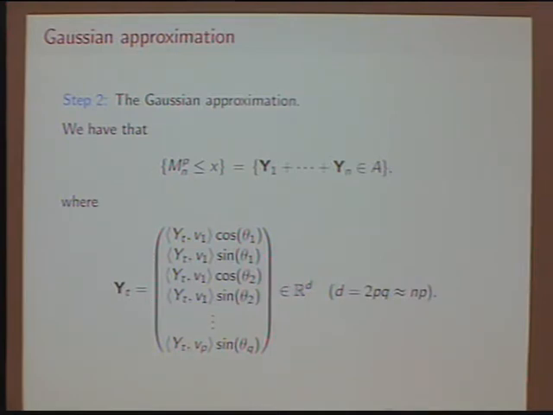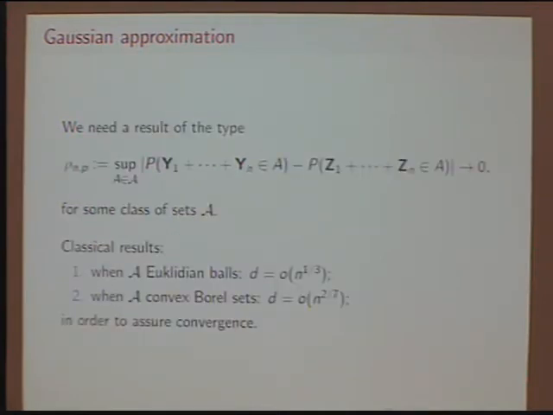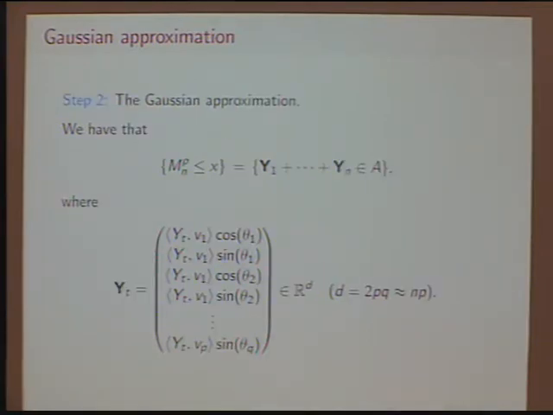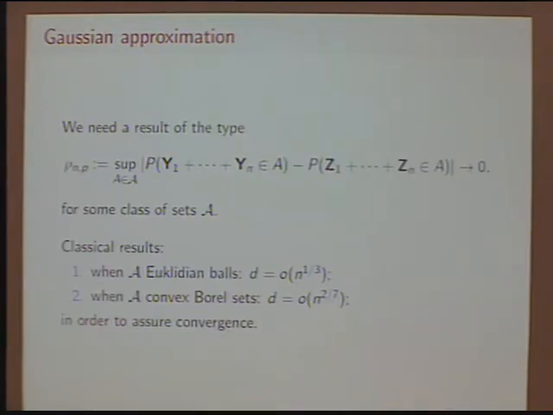Okay, so what we need is a Gaussian approximation, and what is kind of the key result that you need there is something like this here. You would like to compute the probability that this partial sum is in A, which as I said is the same thing as M_{n,p} less than x, okay? You would like to compare this with the probability of a partial sum being in A, where now this partial sum is exactly the same partial sum as before, but I replaced my IID functional data with IID Gaussian functional data, which have the same moment structure.